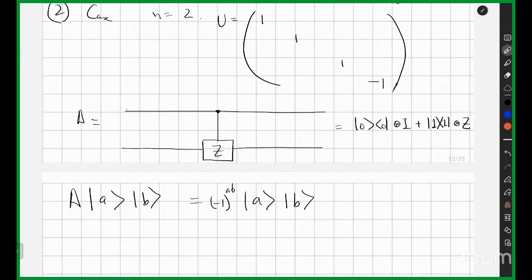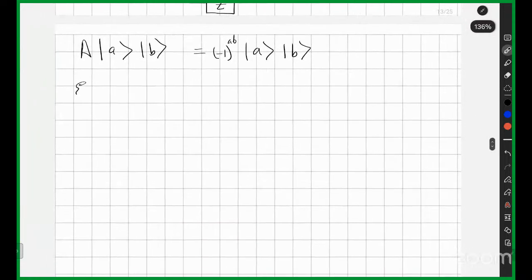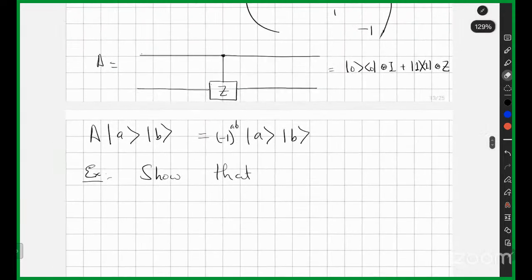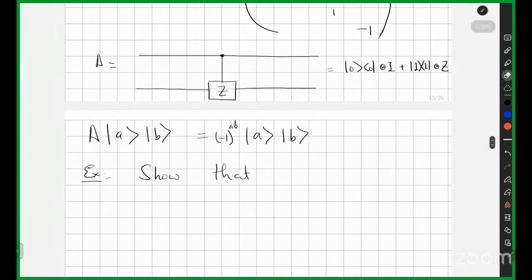Now it seems like we have to put Control Z. We don't want to use Control Z, right? We want to probably put Control X in it. So here's an exercise. Maybe this is where I'll stop. Show that, actually let me not call it A. Let me just use the notation we have been using for control gate.